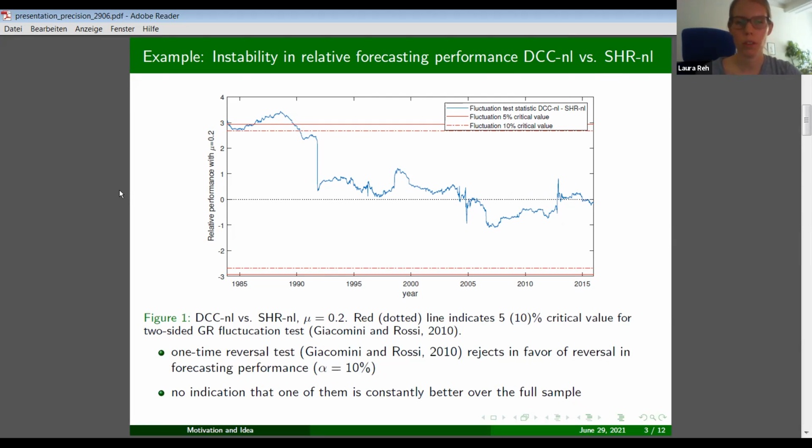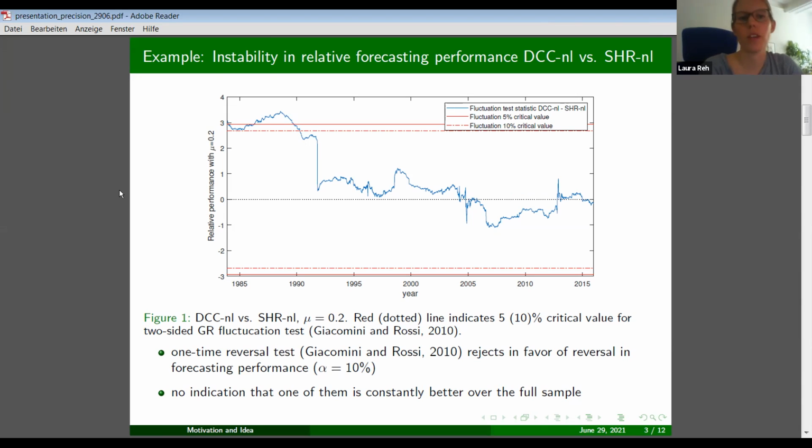So especially when we talk about sparsity, and maybe whether a dynamic or static model is better, this depends pretty much on the economic phase that we are in, and the longer the time horizon, the more variation we have in these economic states that we encounter.